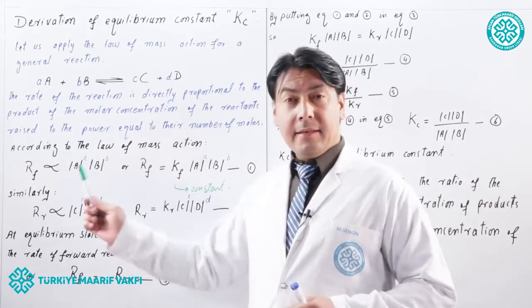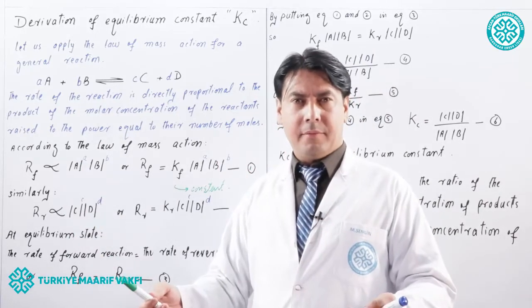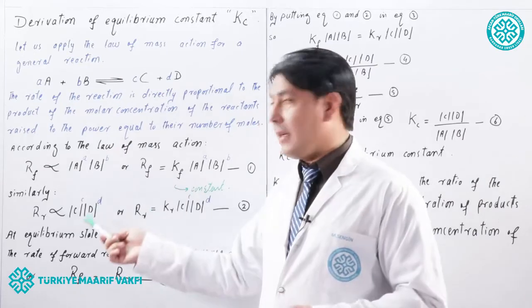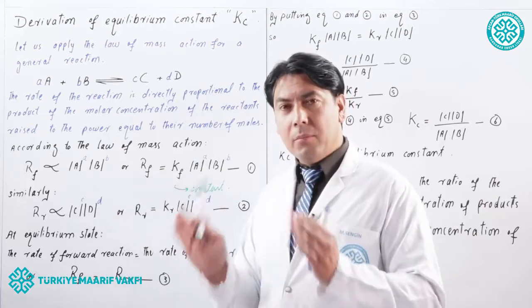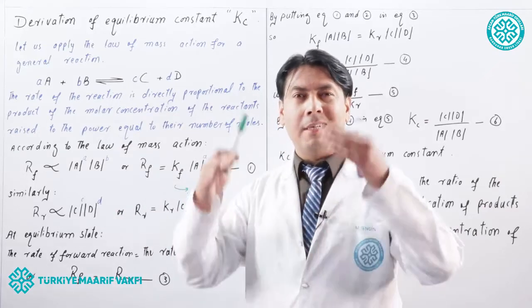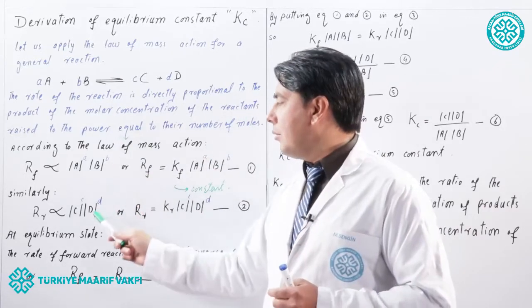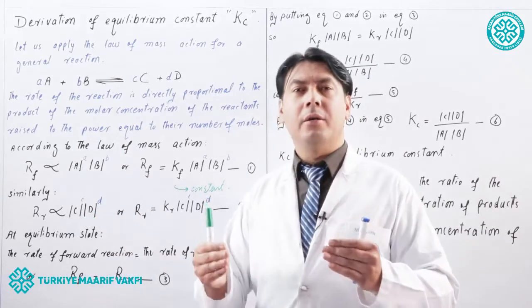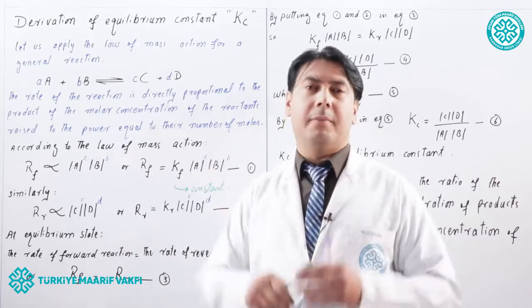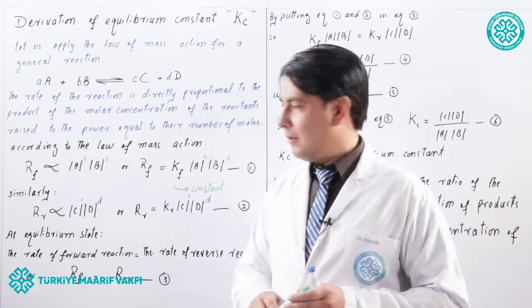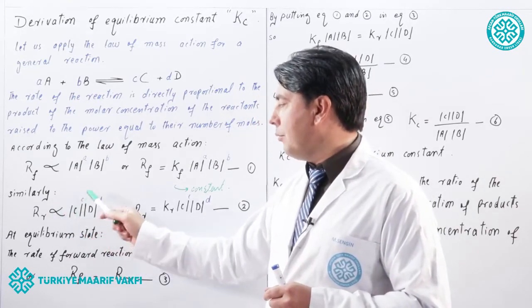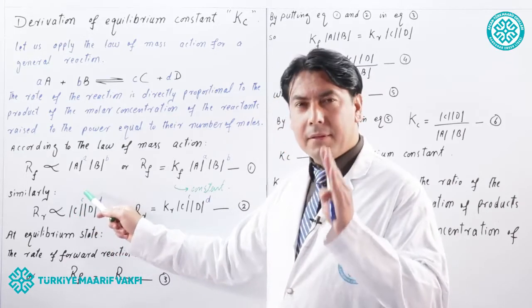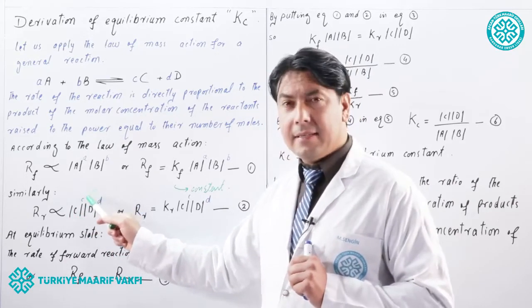Similarly, the rate of reverse reaction is directly proportional to the product of the molar concentration of products raised to the power equal to the number of moles of the products. So, Rr is directly proportional to [C] raised to the power c. What is small c?